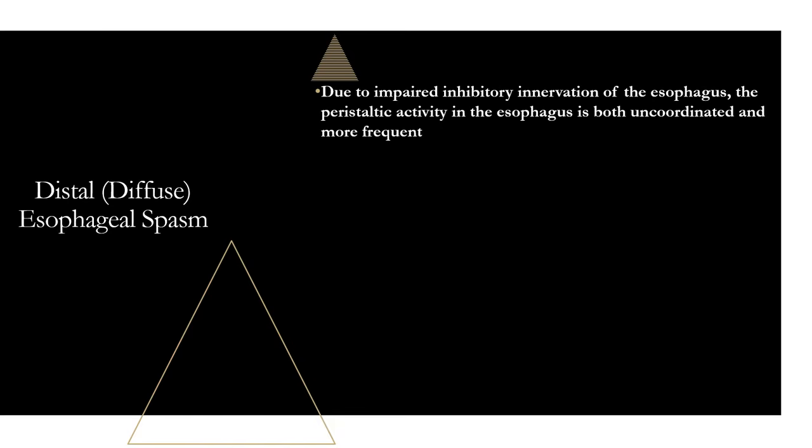But in these patients, they don't have that inhibitory innervation. So there's going to be no rhyme or reason to why the contractions are happening. It's going to be happening more frequently, not in a coordinated fashion. So that's going to be distal esophageal spasm.